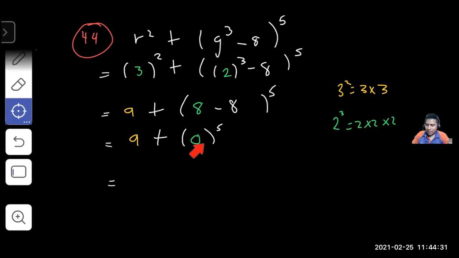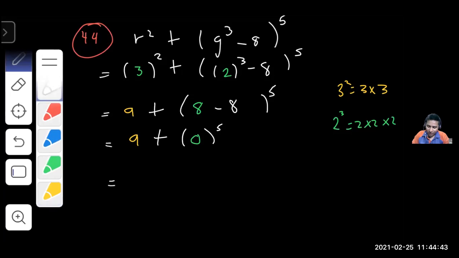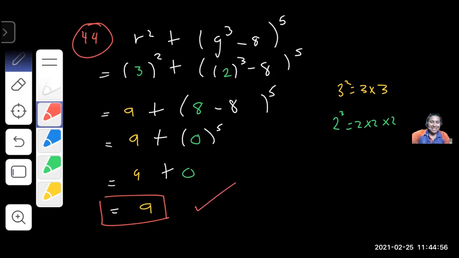If you multiply 0 five times, 0 times 0 times 0 times 0 times 0, what are you going to get? 0. Okay, let us copy 9 plus 0. And what is that equal to, guys? 9. This is going to be our answer, 9. If you got 9, excellent.